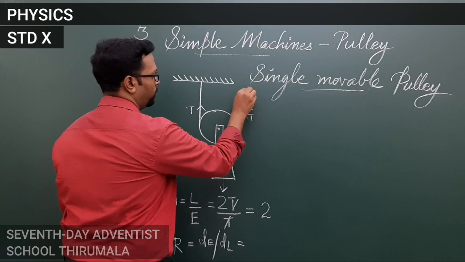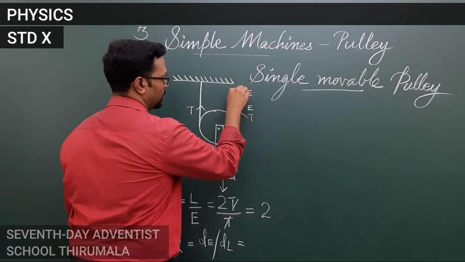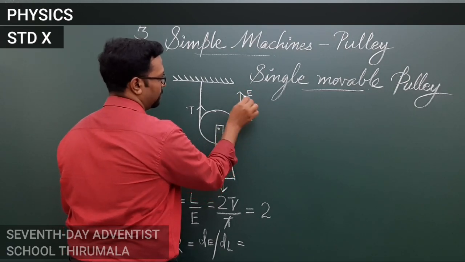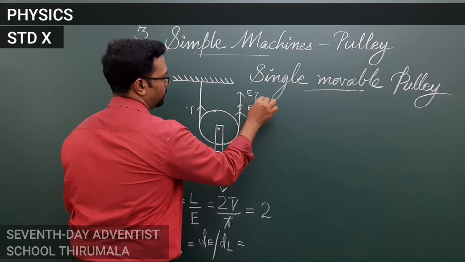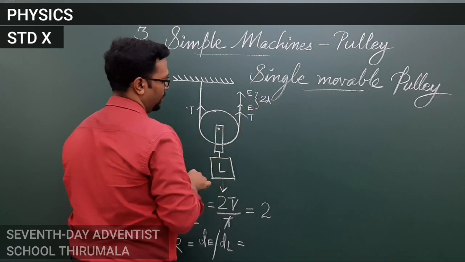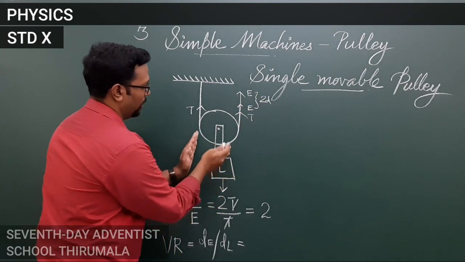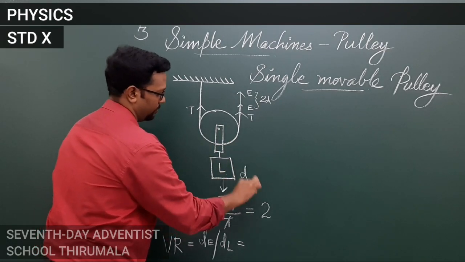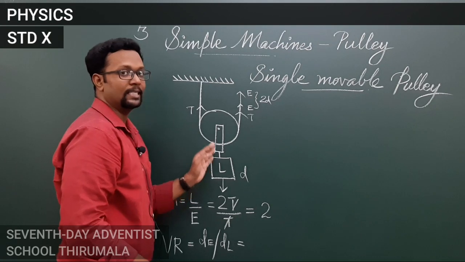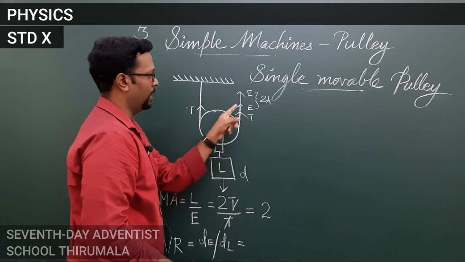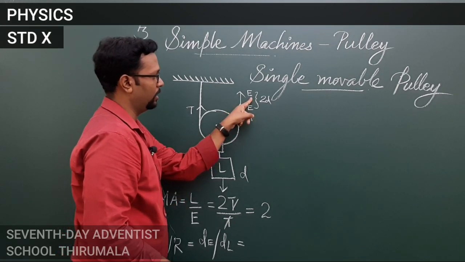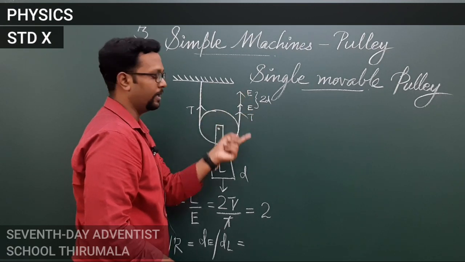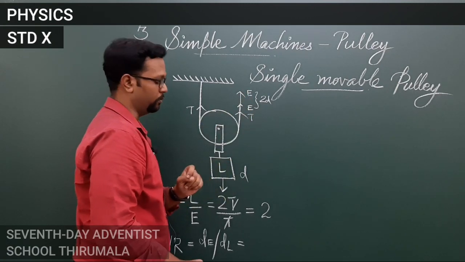If you pull the rope and the effort moves a distance of 2d, then the load is lifted along with the pulley only up to a distance of d. So always in a single movable pulley, the effort moves double the distance the load is moved.